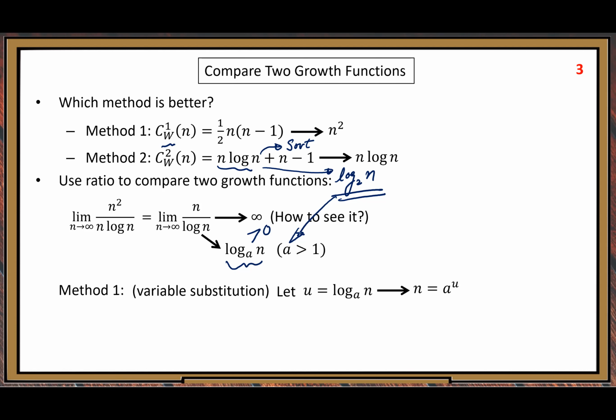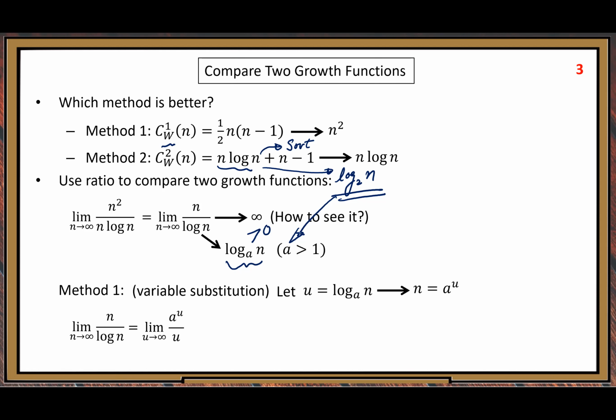With this substitution, n equals a to the u. Then our original limit, switched to the new variable u, becomes a to the u over u.